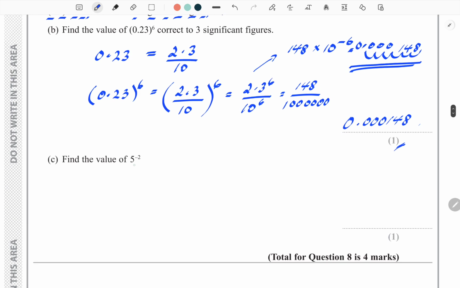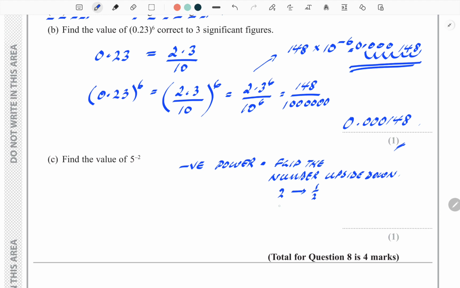And finally, 5 to the power minus 2. Now, with a negative power, remember, a negative power means you flip it upside down. I've got a whole video on the laws of indices, if you want to check that out later on. Flip the number upside down. So, for example, if you flip 2, it becomes a half.